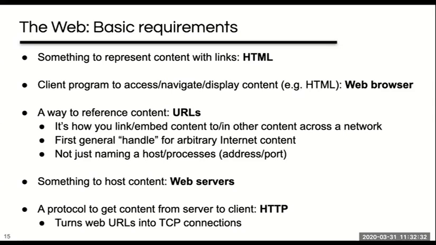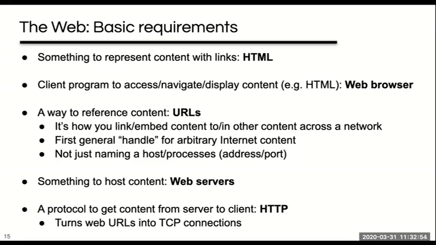And so we need a way to represent content that links to other content, and that's HTML. We need a client program to access, navigate, and display content like HTML, and that's the web browser. We need a way to reference content, and that's URLs. It's how you link or embed content in other content.